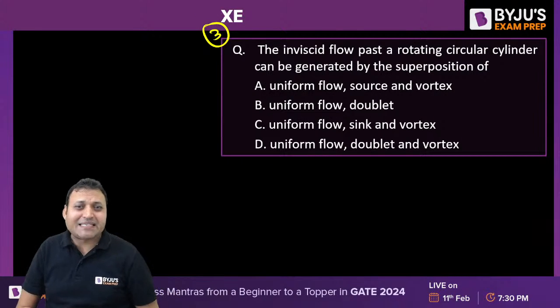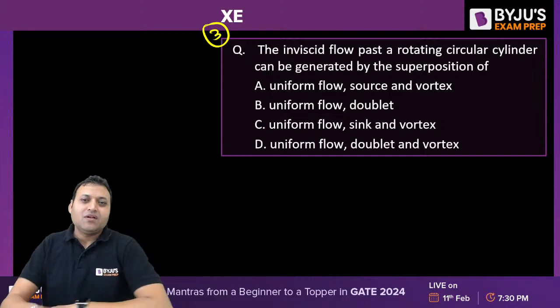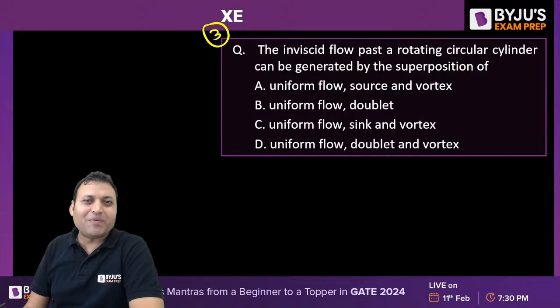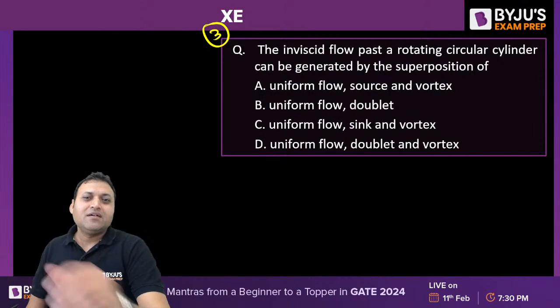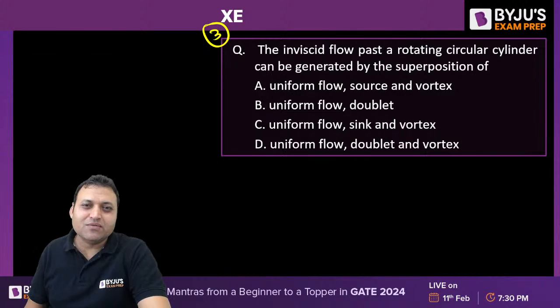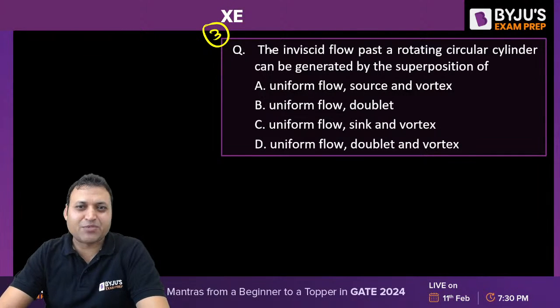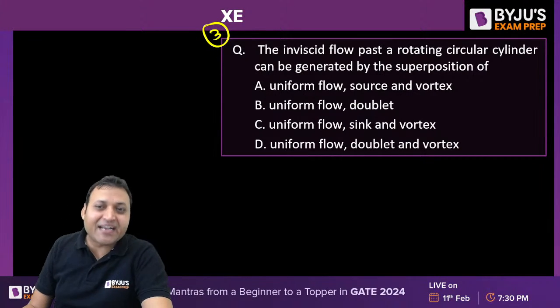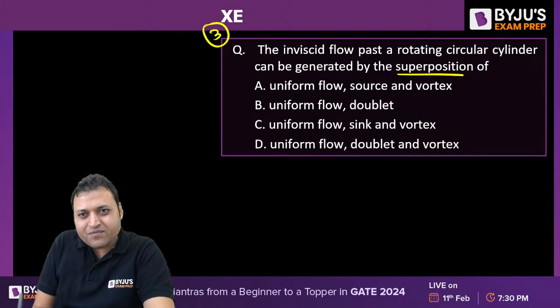Question number 3 on the screen. The inviscid flow means non-viscous. For the non-viscous flow, we can call it irrotational also. If the flow is non-viscous, it must be irrotational or ideal flow. Flow past a rotating circular cylinder can be generated by the superposition of what?